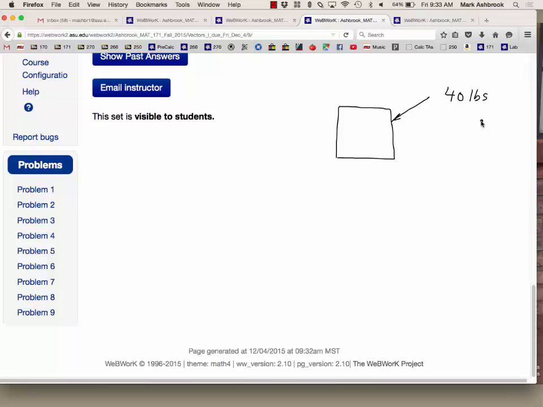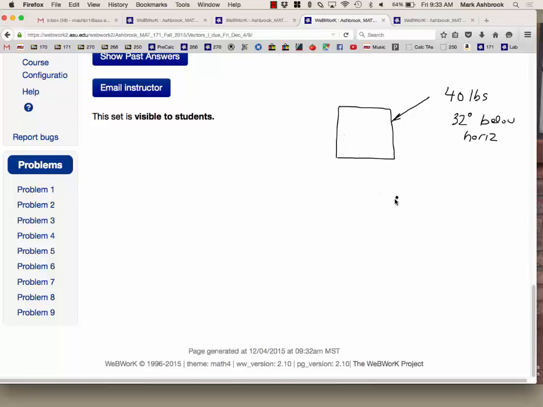And that's say 32 degrees below horizontal. So it's not really south and north and stuff, but in this picture, below horizontal. So you're looking down on the box, and someone comes along and pushes with 40 pounds of force that way.